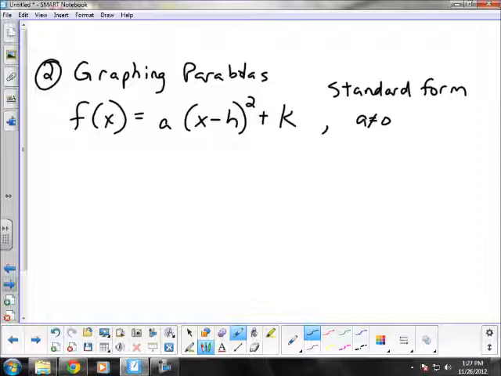Now, think back. There were some things that we knew about the equation the minute I stuck numbers in certain positions. What does a tell me? It's a number. And what kind of information do I get about the parabola based on the number that a is equal to? If it's positive or negative, if a is positive, then what happens? It opens up. If a is negative, it opens down.